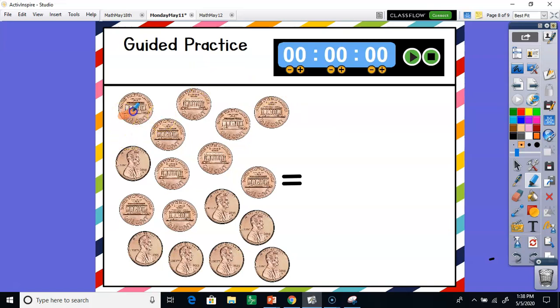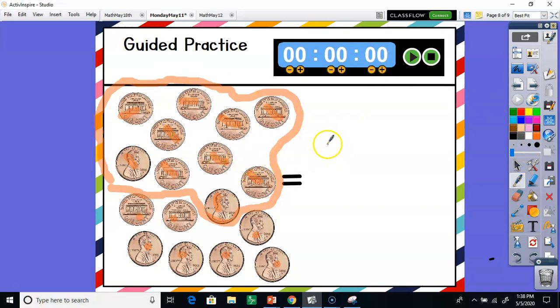So let's start over. 1, 2, 3, 4, 5, 6, 7, 8, 9, 10. See, this is why we put marks on the pennies, to make sure that we don't miss any. Okay, so there's our group of 10. So we've got 10 and 1, 2, 3, 4, 5, 6, 7 left over. We don't have enough to make 2 dimes.